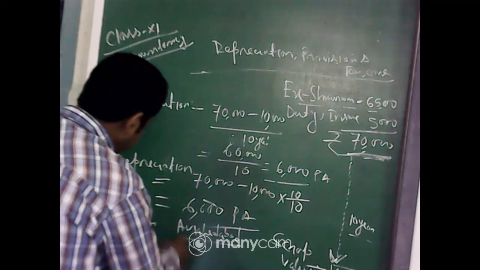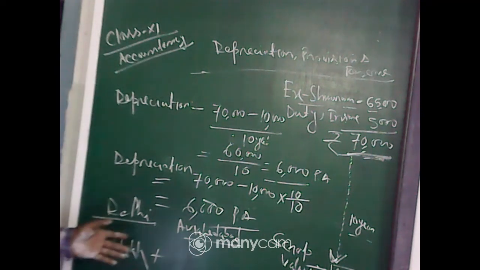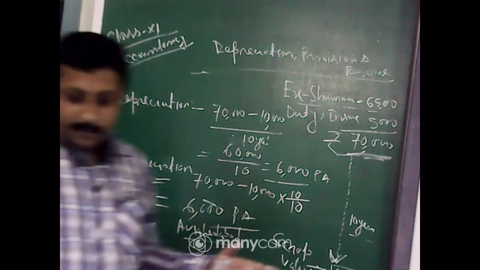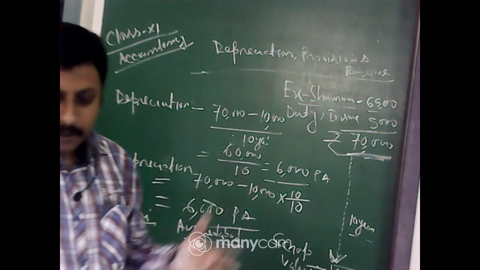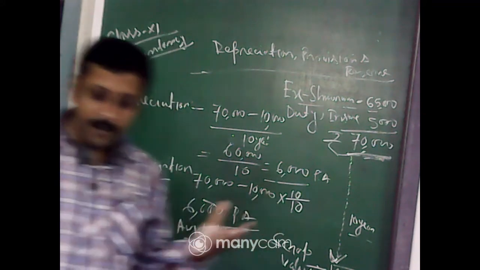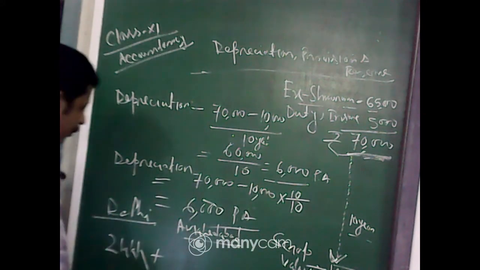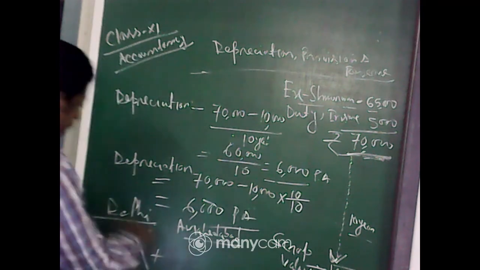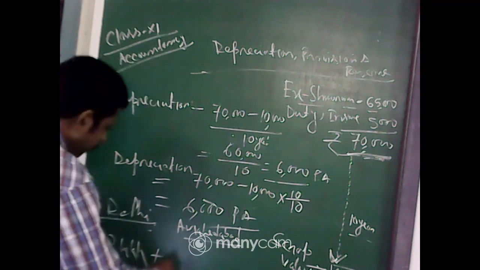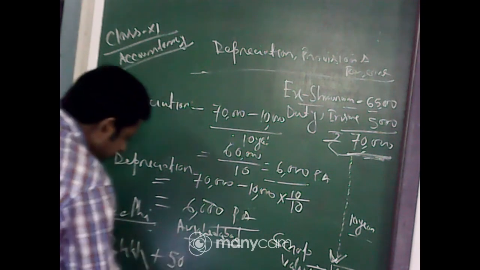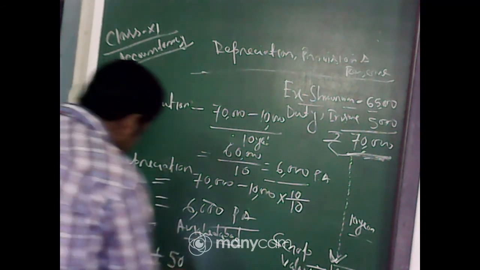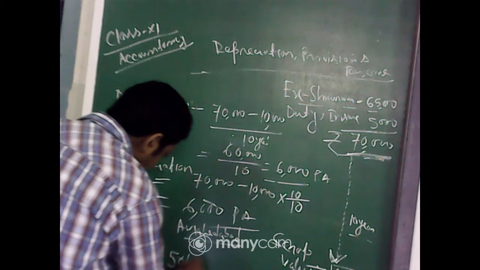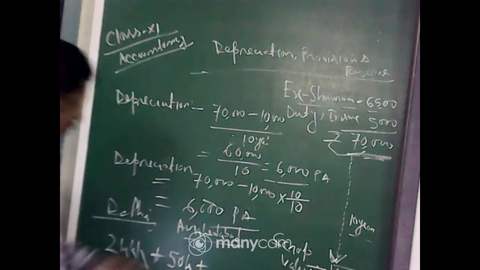But from Ahmedabad to Delhi there is some transportation cost, because you cannot carry the machine by air, you have to use a lorry or truck. So from Ahmedabad to Delhi the total is 50,000, that is the transportation cost or freight. So that 50K you have to consider as a cost.